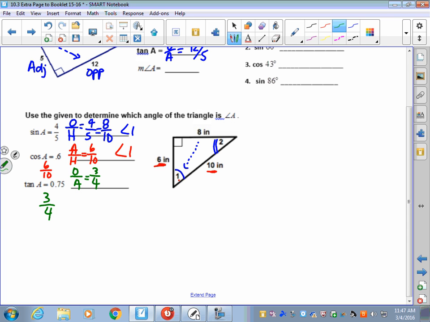Hopefully you see that that would have to be 6 over 8. 6 over 8 would reduce to 3 over 4. And so that means 6 is the opposite side, and 8 is the adjacent side. So who is opposite 6? That's angle 2. All right, so this is all I need you to get done on the pink page.